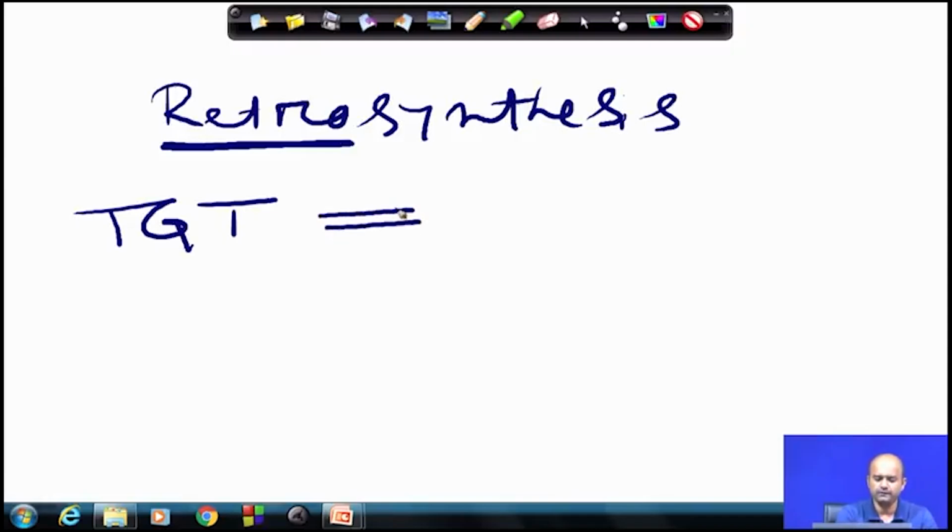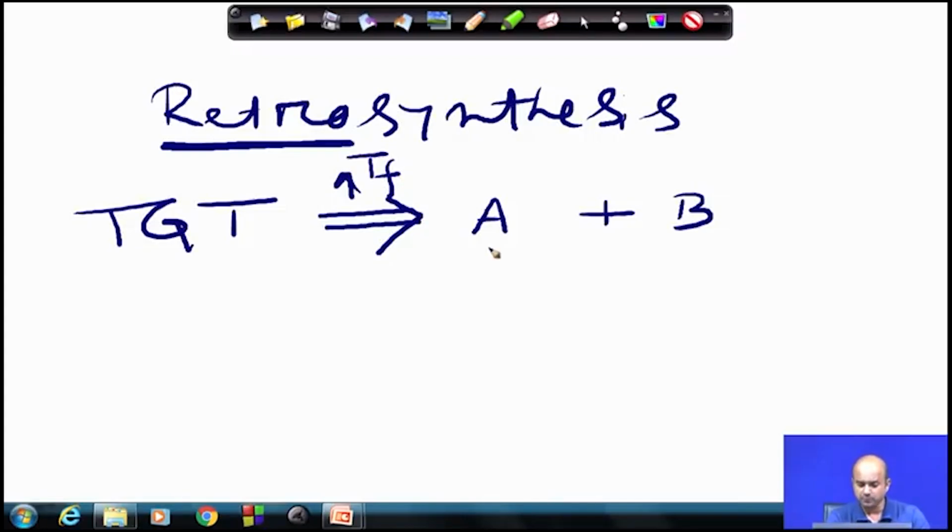You devise a pathway which will give you two different intermediates, which are chemical components, and you devise suitable transformations, called TF, which will be explained in the glossary. These intermediates A and B, undergoing a suitable transformation, will give you the target. This backward approach is called retrosynthesis.